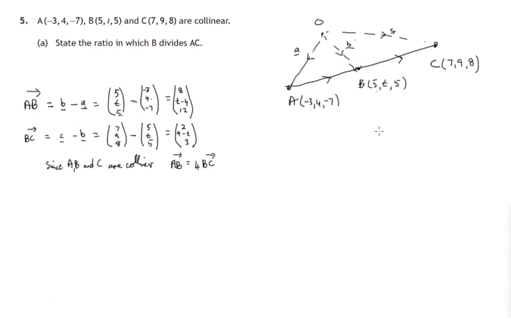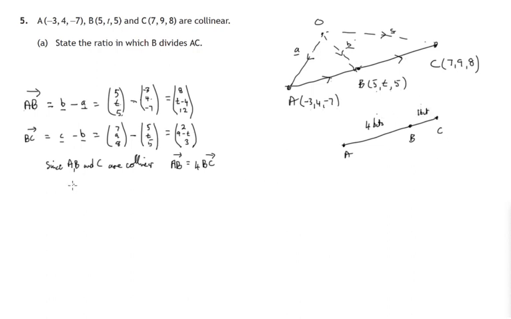So AB is 4 times BC. So this diagram is not quite in the right proportions. We now know that from A to B is 4 times the distance from B to C. So this line will be 4 bits compared to 1 bit for this line.